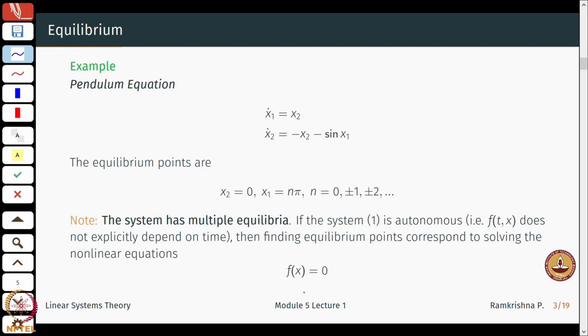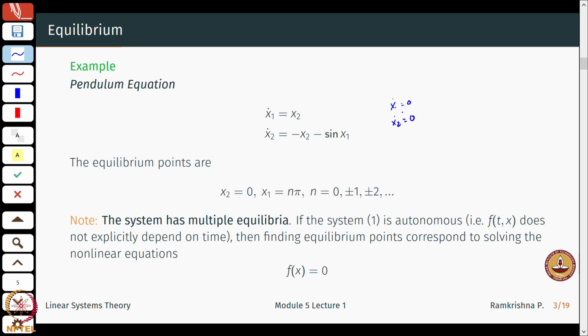So what does this mean? We will go through a few examples to see different kinds of equilibria that we will encounter. In the case of a simple pendulum where all the parameters are normalized to 1, I have an equation which looks like this. Equilibrium points are where I say x1 dot is 0, x2 dot is 0.